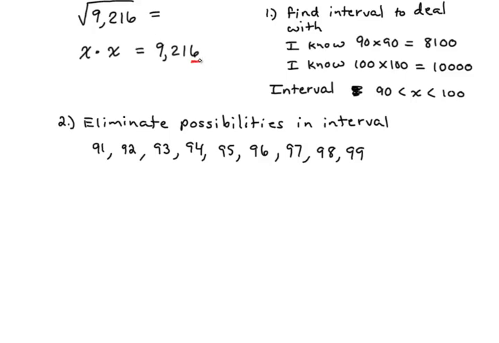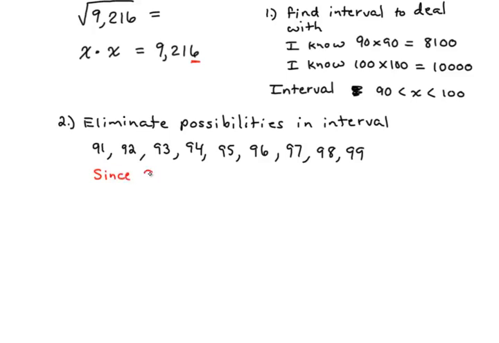Since that last digit is a 6, there's a little trick. Since the last digit is a 6, then the last digit of my numbers that I'm multiplying together must also end in a 6. So I'm going to write that down.